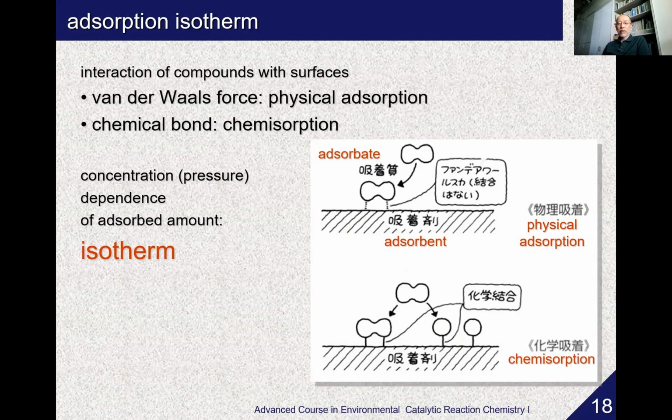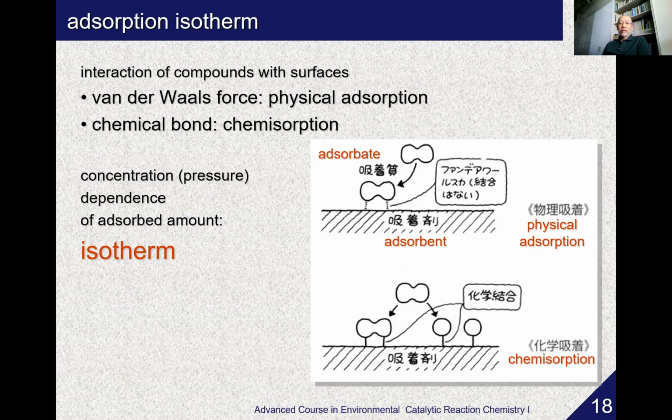Adsorbent is in Japanese 吸着剤。吸着剤が吸着質を吸着する。主語は吸着剤。吸着するという動詞は吸着剤が吸着する。吸着質は吸着される。Adsorbent adsorbs adsorbate. Adsorbate is adsorbed by adsorbent.